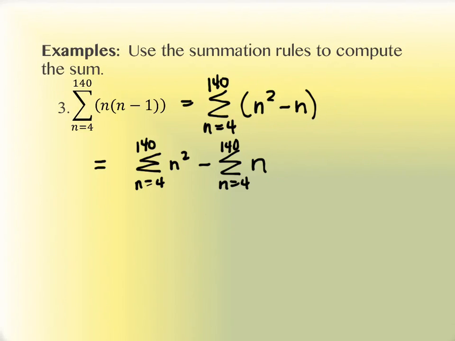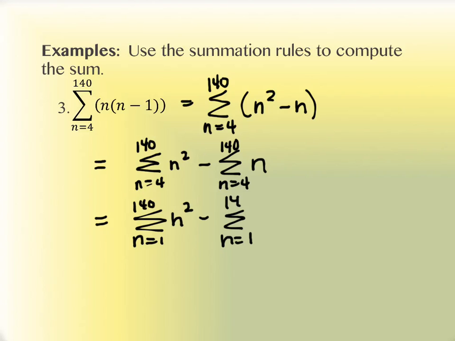So what we're going to do over here is do this same expression. I'm going to change this so that it starts at n equal to 1, because that's what I need in order to be able to use those formulas. And then I need to subtract off A1, A2, and A3.